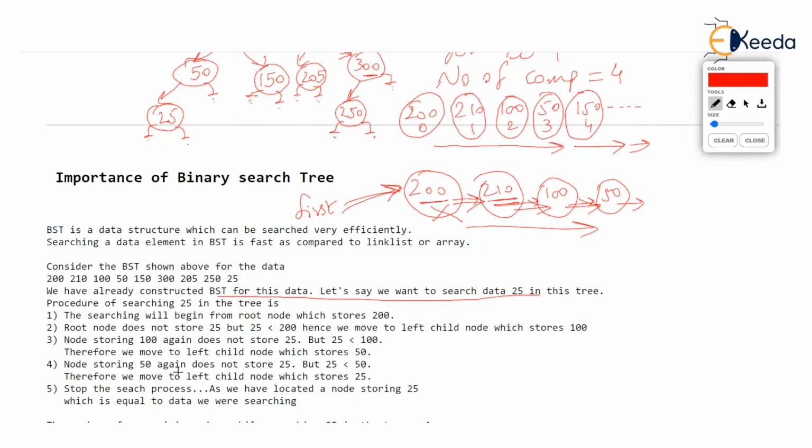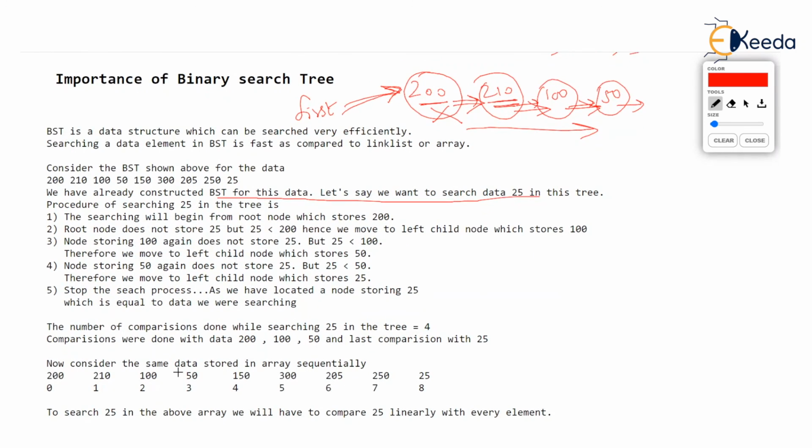I'm not reading out all this, but you can always rewind the video and read the same description I gave of how we reached 25. The number of comparisons needed to search 25 were 4. Comparisons were done with 200, 100, 50, and the last comparison was done with 25. Four comparisons in the given set of data is a very small amount, believe me.